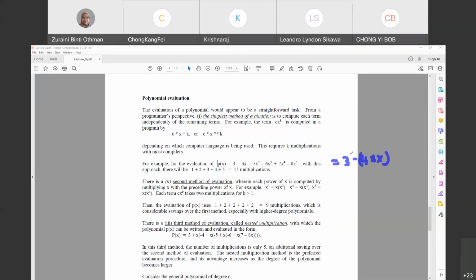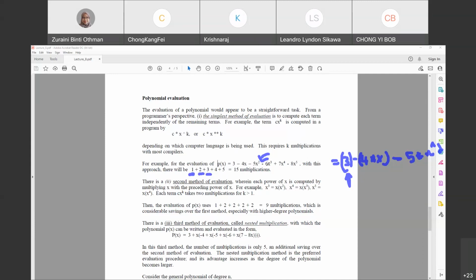Lepas tu tolak 5 kali dengan X kuasa 2, maksudnya X kali dengan 5. Multiplication dia punya involve tu ialah, untuk 3 ni, it is 1 computation involved, right? And 4 times X is 2 computation involved. And kalau 5 X kuasa 2 akan ada 3 computation involved.